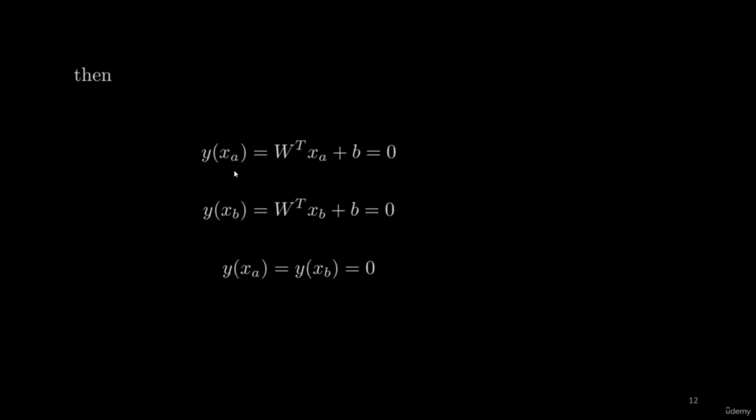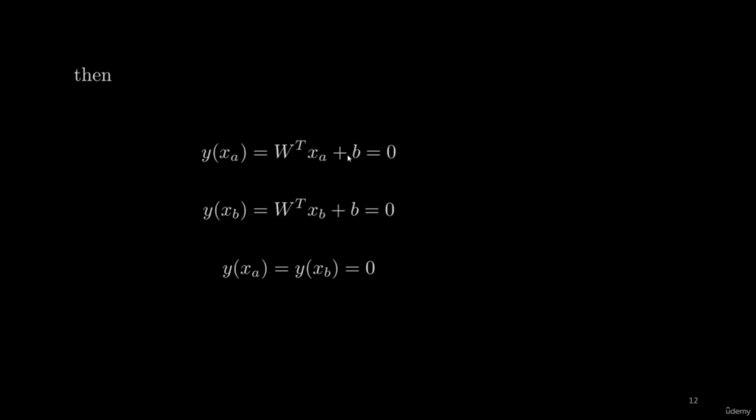Both these equations of Y equal 0, because the points are on the decision boundary and their distance from the decision boundary is 0. Y is the output value. So Y of XA is 0 and Y of XB is 0, and both are equal.